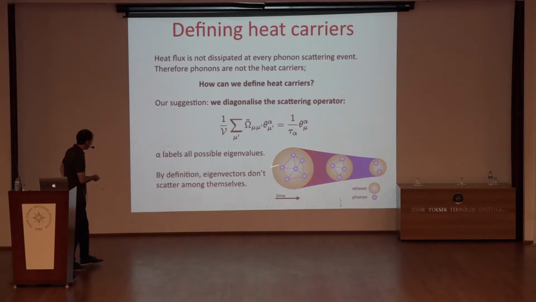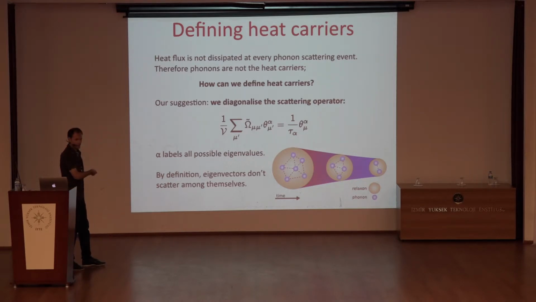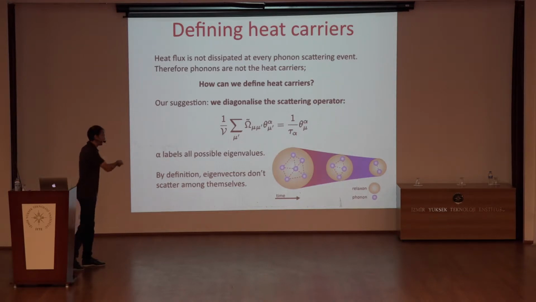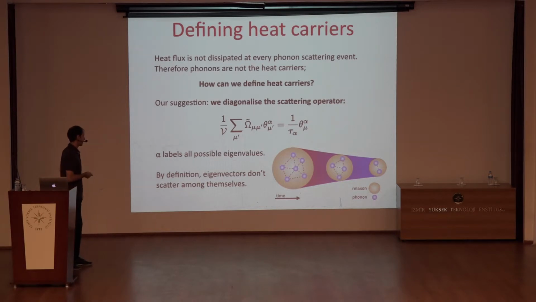And I'm going to show and discuss some of the properties of these eigenvector states. Now, since by construction these are eigenvectors of the scattering operator, they do not scatter one against each other because they make this operator diagonal, almost by construction.